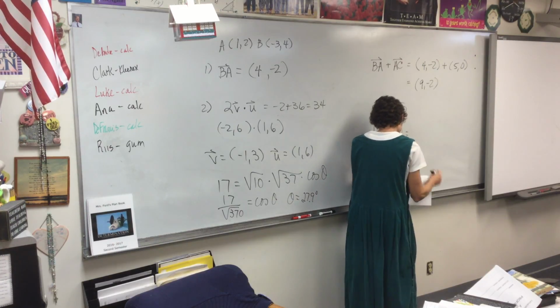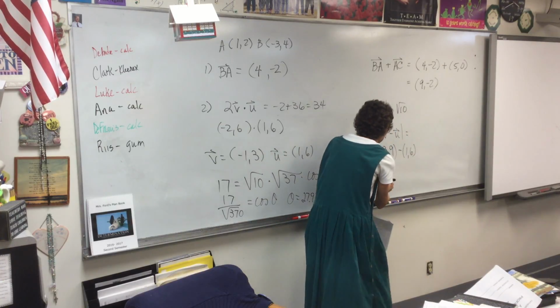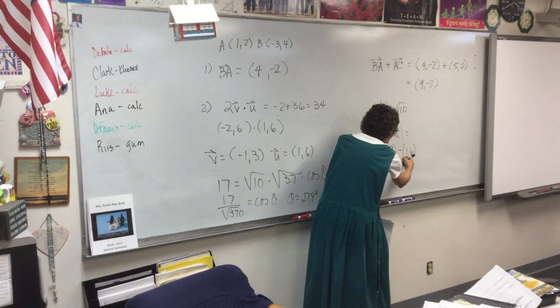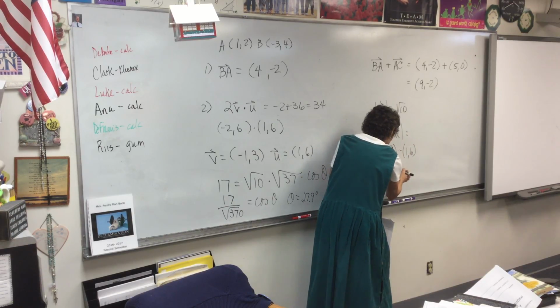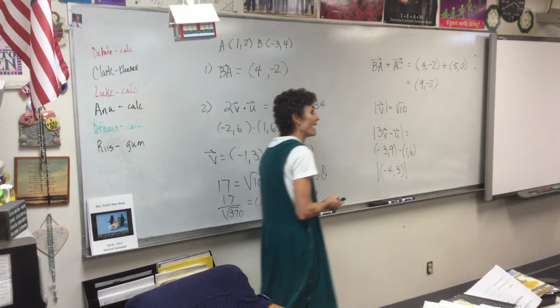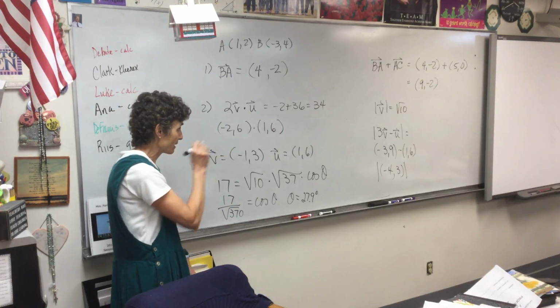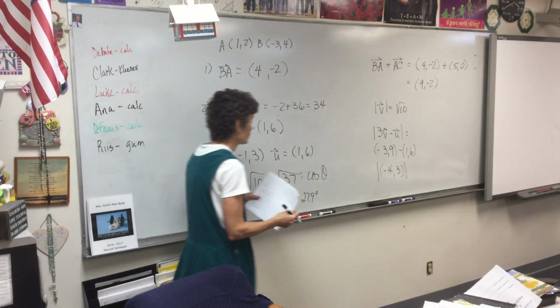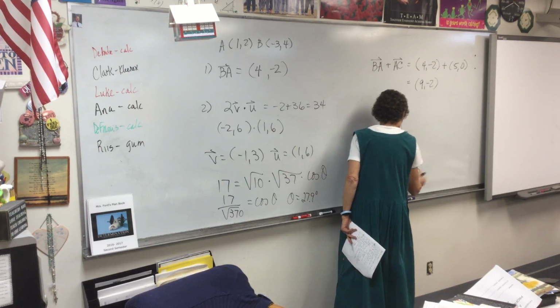And we're going to subtract U. So that will be -4, 3. Now that's what you want to find the magnitude of. We figured out what was in there, and now we're going to find the magnitude. What is the magnitude of that? 5.